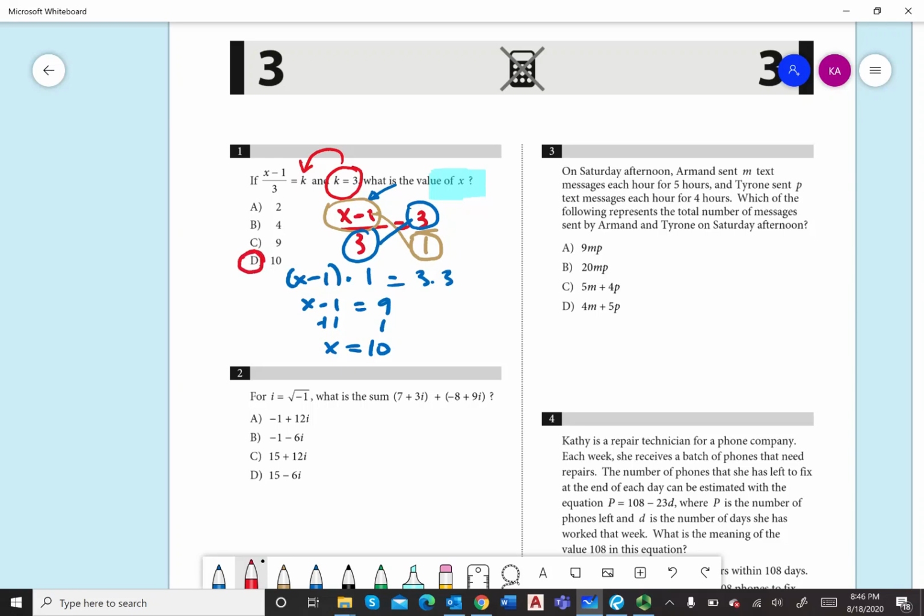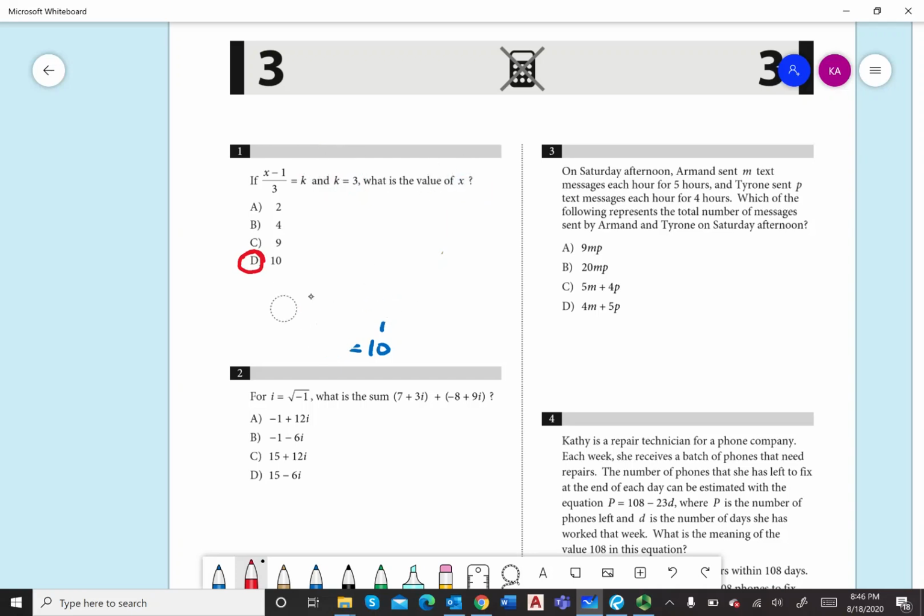Okay, so now we've explained it. I'm going to go back and do what we did just quicker, just to see if you can understand, because there's also time involved in this. We already know that the answer is D. So x minus 1 over 3 is equal to k.